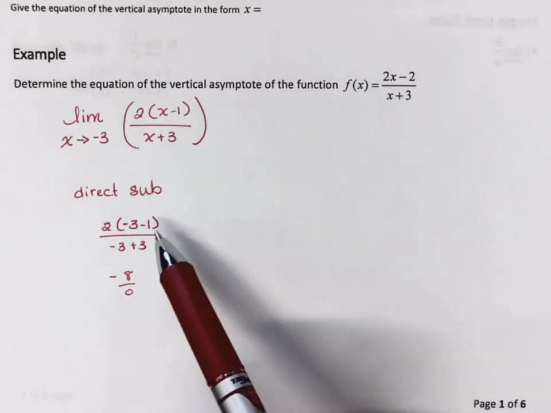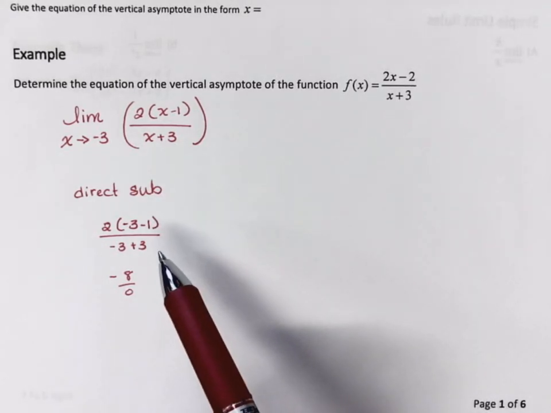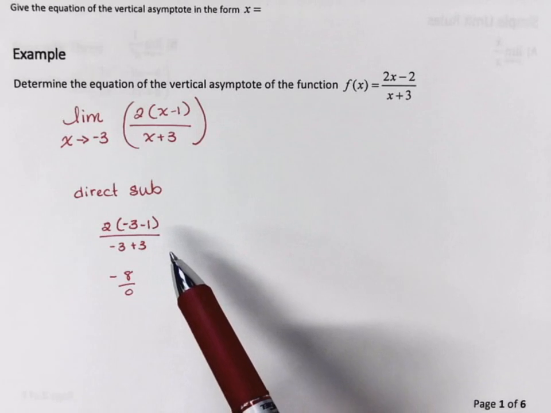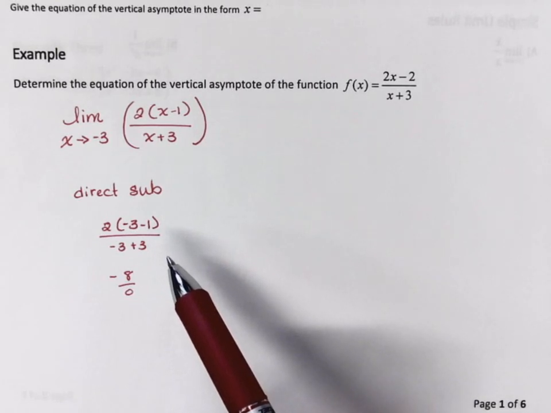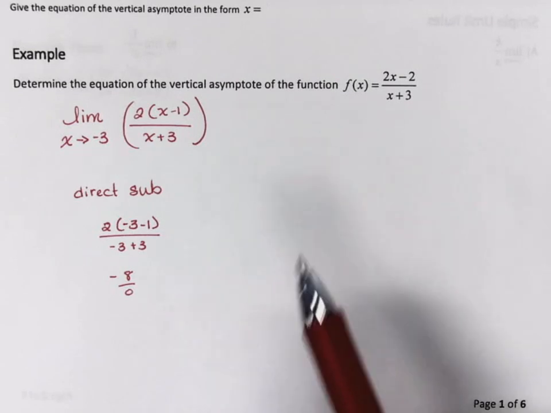Okay, so direct substitution isn't going to work, so this ties into yesterday's lesson. If direct substitution doesn't work, we're going to have to look at it from the left-hand side and the right-hand side.